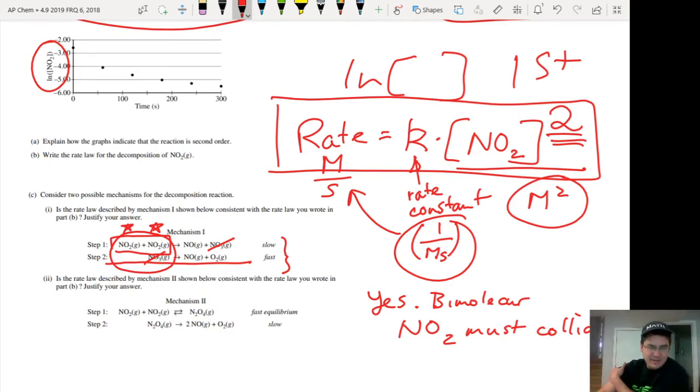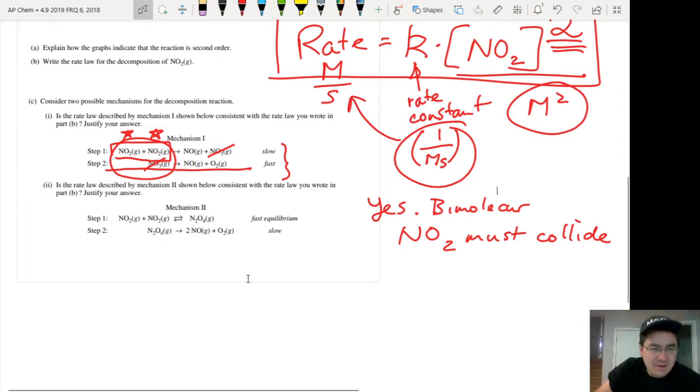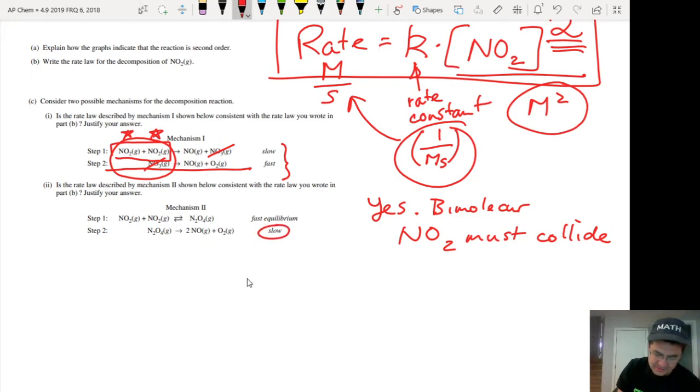For the second one, part II, it says, is the rate law described by mechanism 2, shown below, also consistent with the rate law that you wrote in part B? Justify your answer. So you look at the slow step, and is it unimolecular, bimolecular, or termolecular? It's unimolecular.